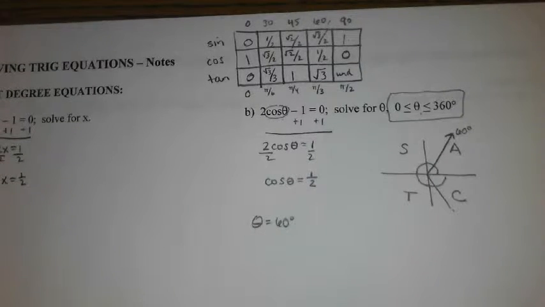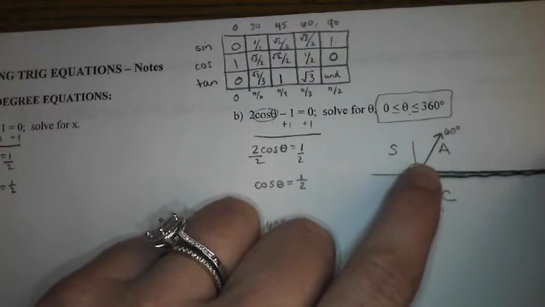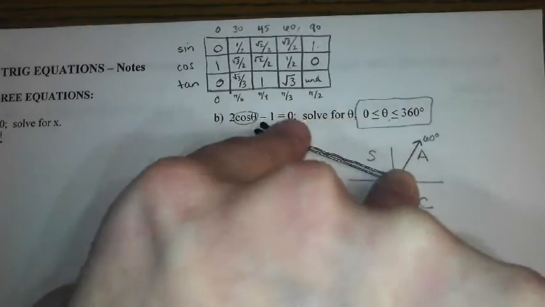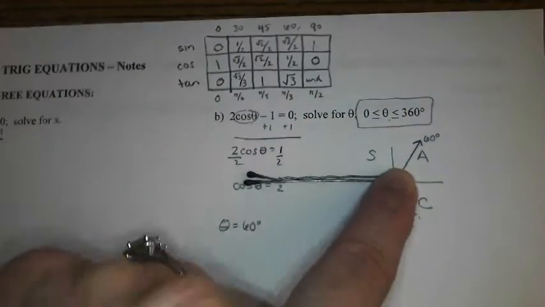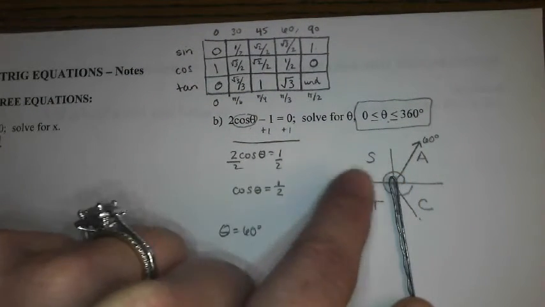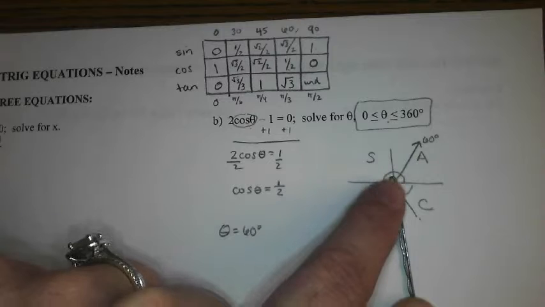So let me get out my bobby pin. This is 0, right? This is 90. This is 180. This is 270. So, Connor, we've already passed 240.